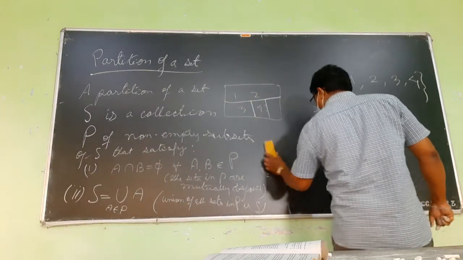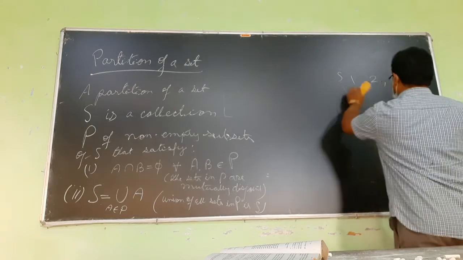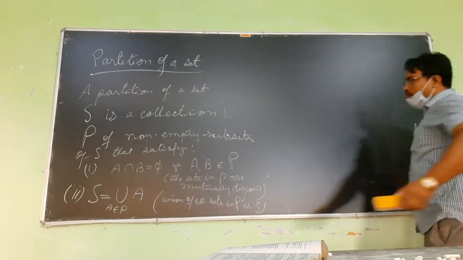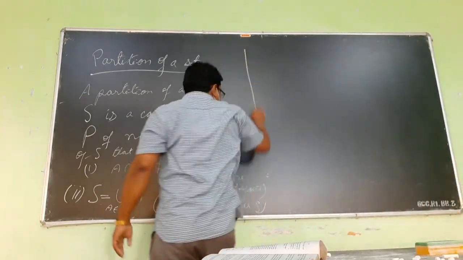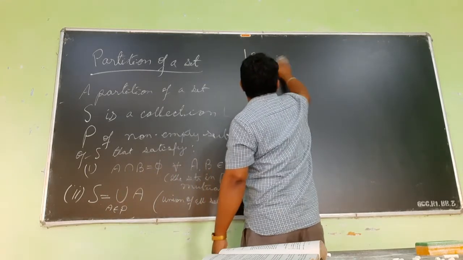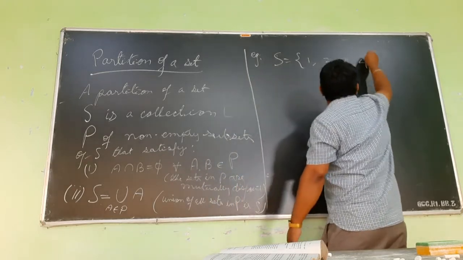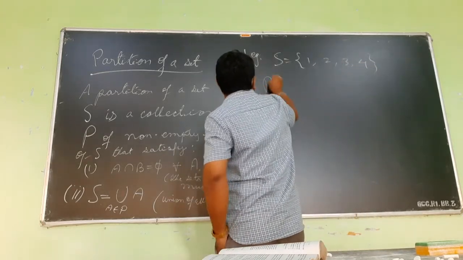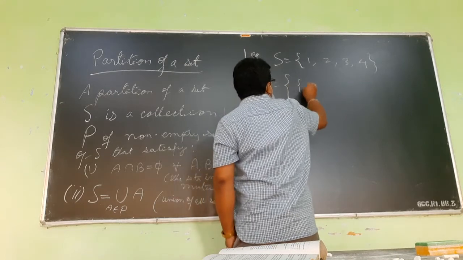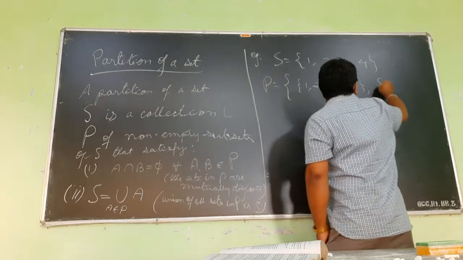So for example, say S equal to the set {1, 2, 3, 4}. And I take P as the collection of subsets {1, 2}, singleton {3}, singleton {4}.